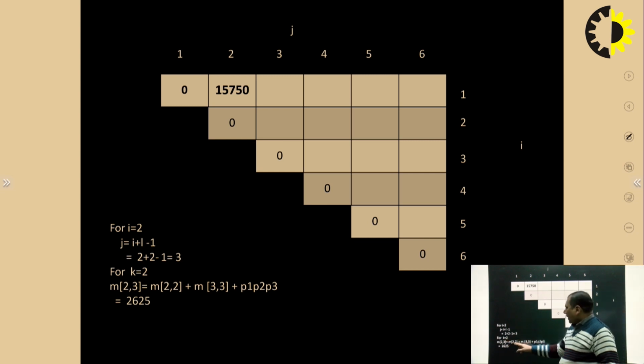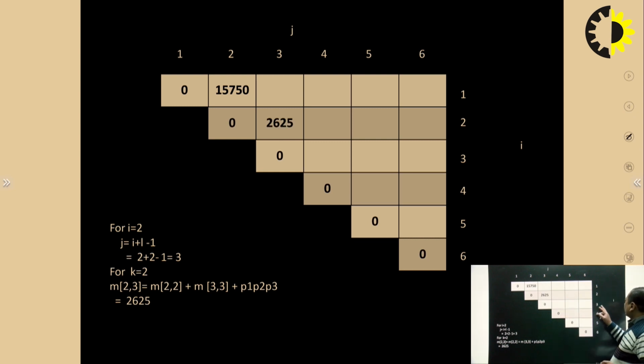So m i comma k, the 2 comma 2 plus m k plus 1 comma j, that is 3 comma 3, and p i minus 1, it is p1, pk is p2 because the value of k is 2, and the value of j is 3, pj, p3. Okay, now we will multiply p1, p2, p3. So we will have the value 2625 over there. So we place the value 2625 over there.